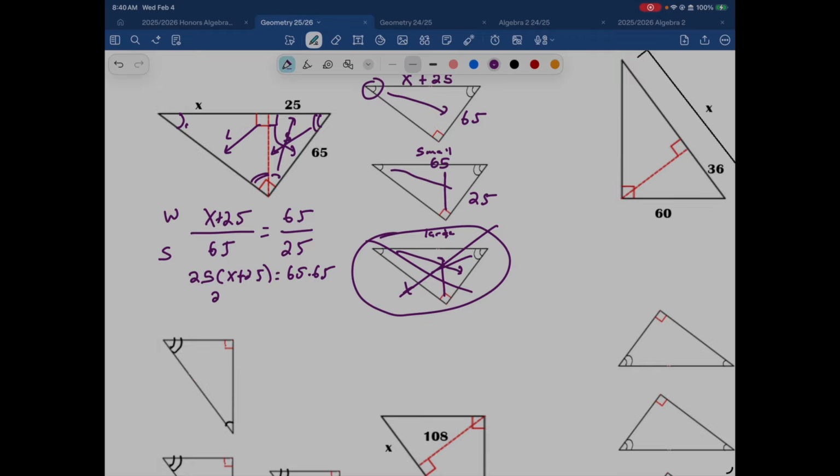So distribute: 25x plus 25 times 25 is 625 equals 65 times 65, which is 4,225. We are going to subtract 625 from both sides. That gives us 25x is equal to 3,600. Divide by 25. We get x is equal to 144. And we're done.